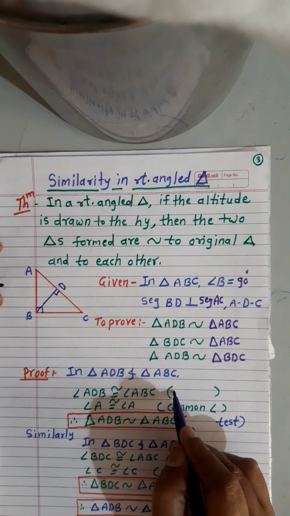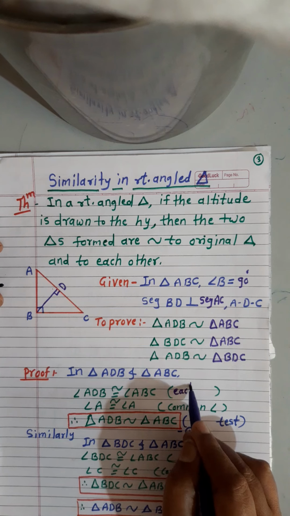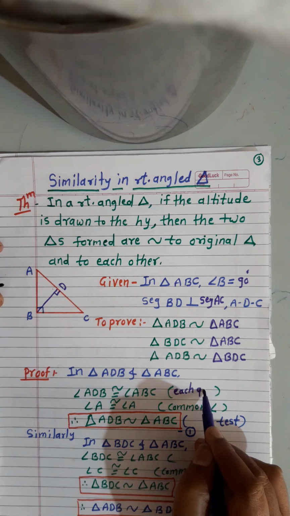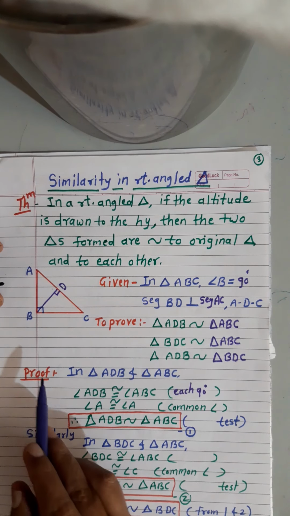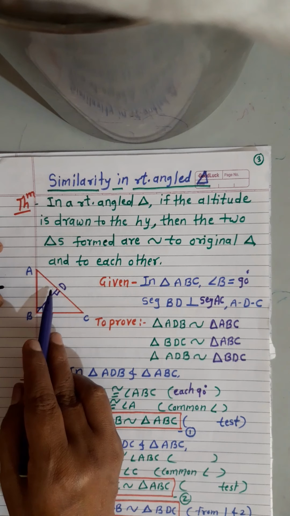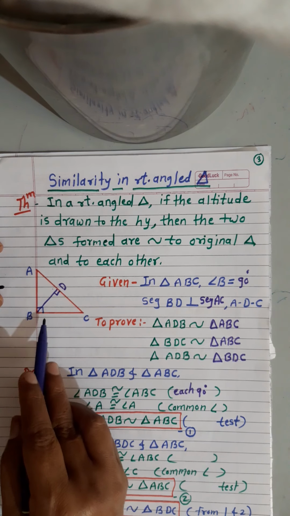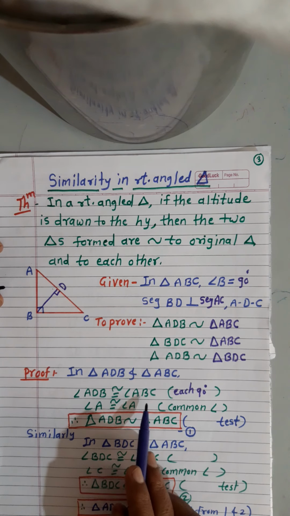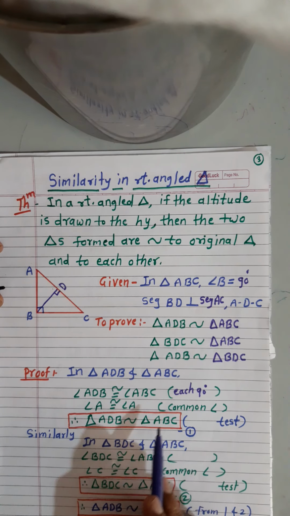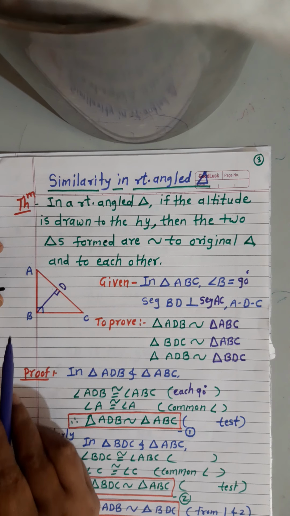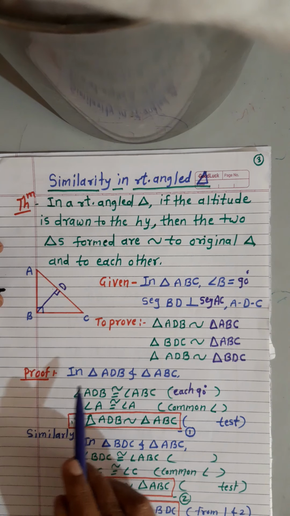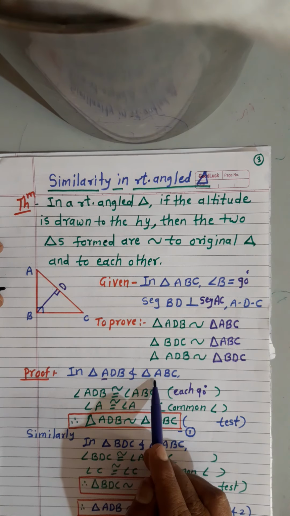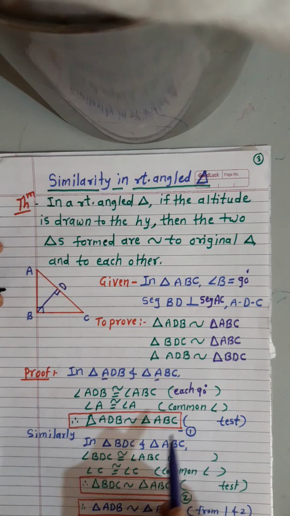Why? What is the measure of each angle? Each 90 degrees. Angle ADB is 90, also angle ABC is 90. Therefore, angle ADB is congruent to angle ABC. Also, angle A is congruent to angle A. Why? It is a common angle.